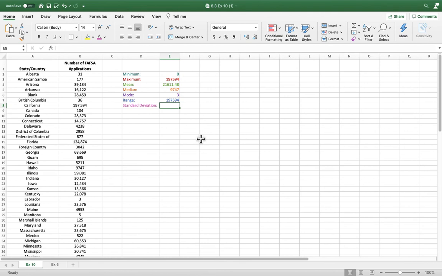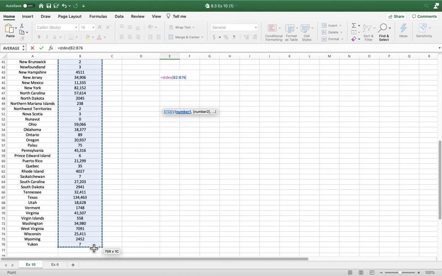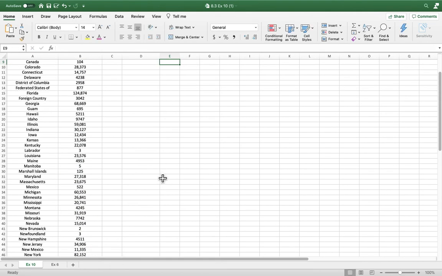And the standard deviation. To find the standard deviation in Excel without having to go through the long process that we're going to do in a minute, which is easier than doing it by hand, type equals STDEV, open parenthesis, select all your data, close, enter.